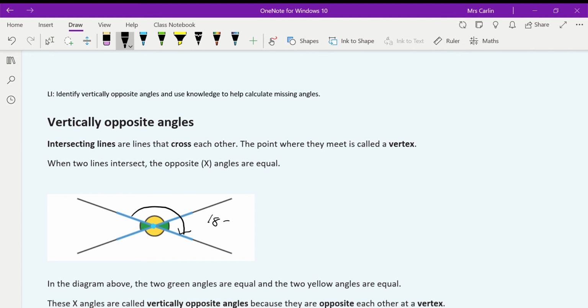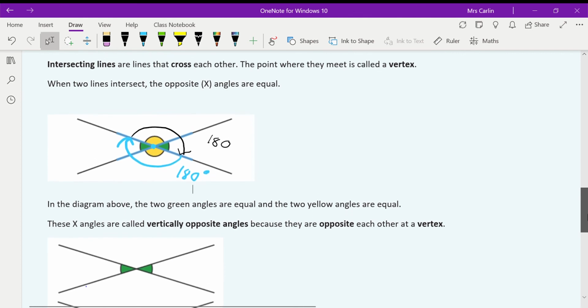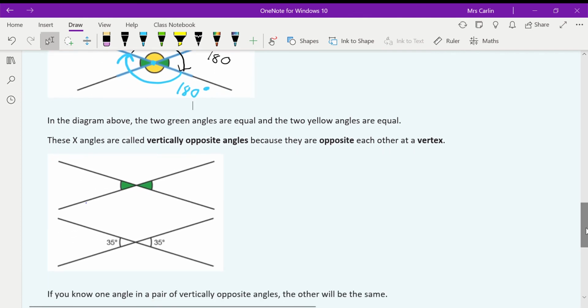So I would know that these two on this side have to add up to 180, and these two on the bottom here would also have to add up to 180 degrees, further highlighting the point that we've just looked at, that angles around a point add up to 360 degrees. So the x angles are called vertically opposite angles because they are opposite each other at a vertex.